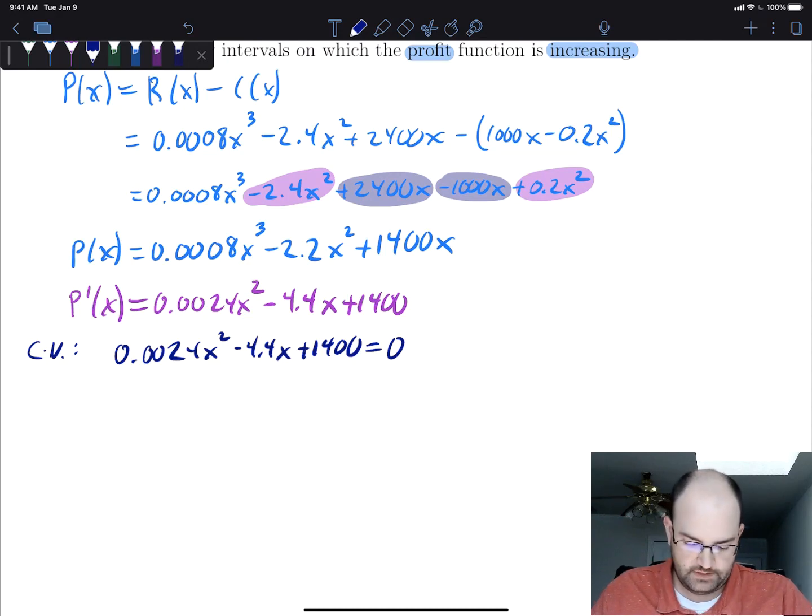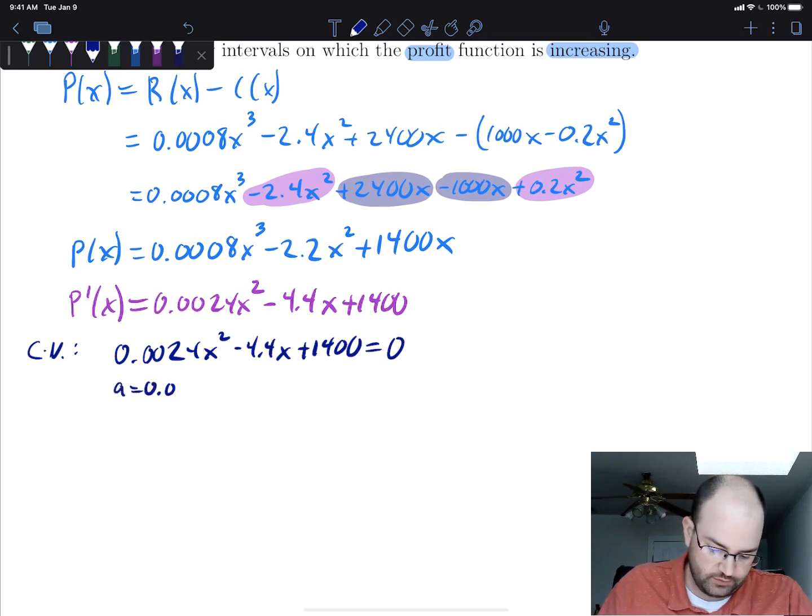Wonderful. And then just find the solution. Now, my recommendation is to use the quadratic formula. If you have the quadratic formula function on your calculator, I would recommend you use it. But if you don't, remember here a is 0.0024, b is negative 4.4, and c is 1400.